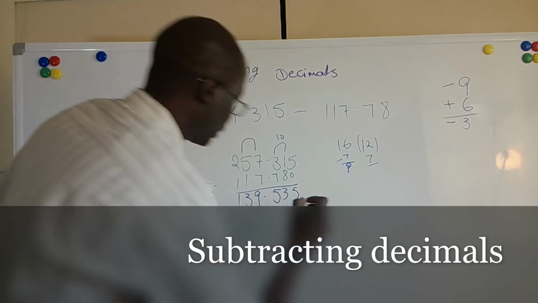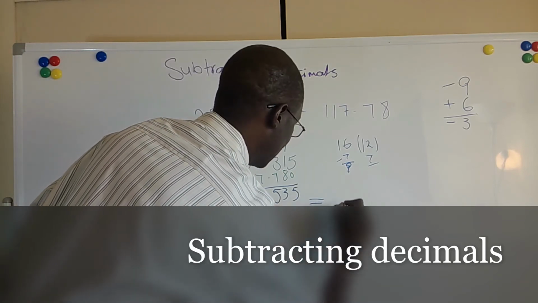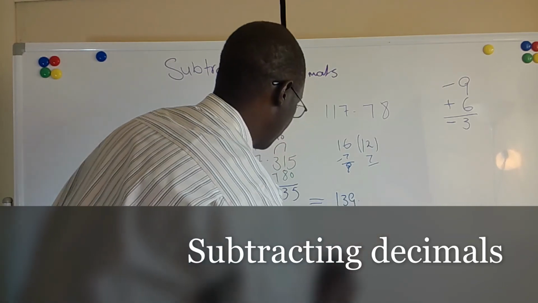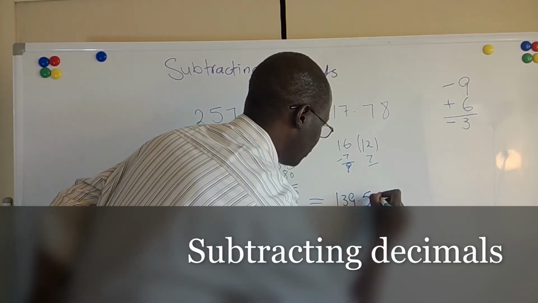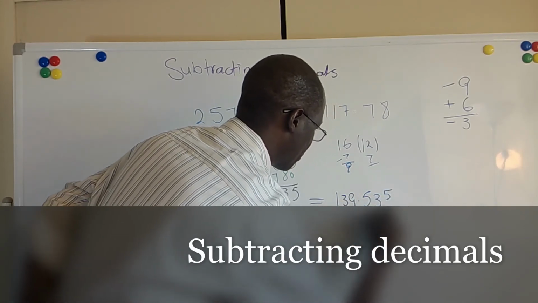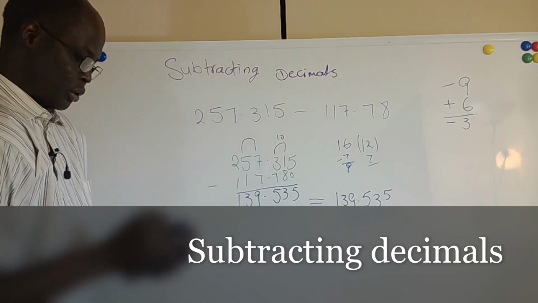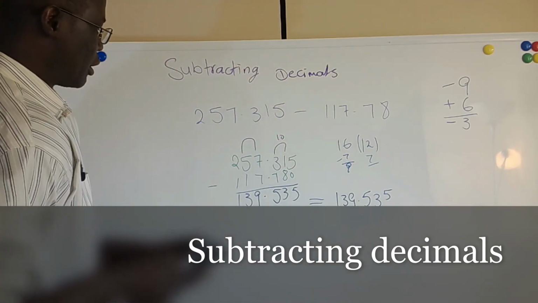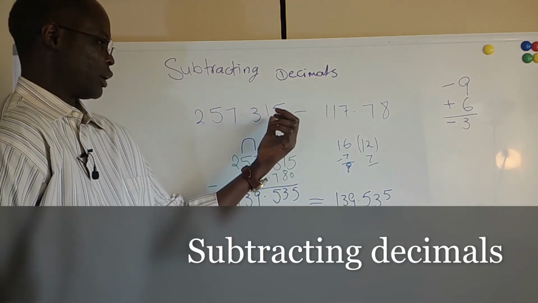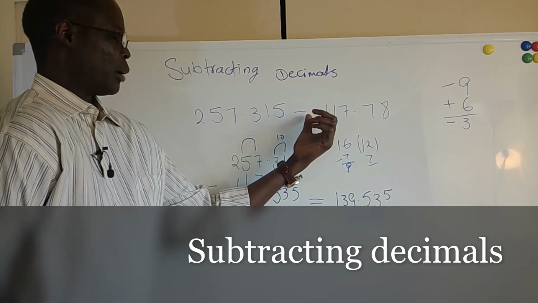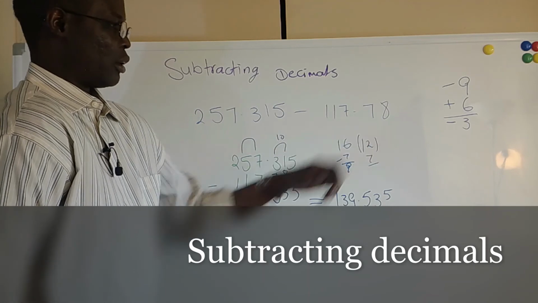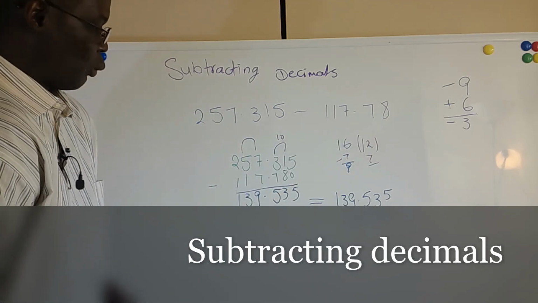So our answer should be 139.535, which is a decimal number. And that should be the right answer for 257.315 minus 117.78, the decimal numbers.